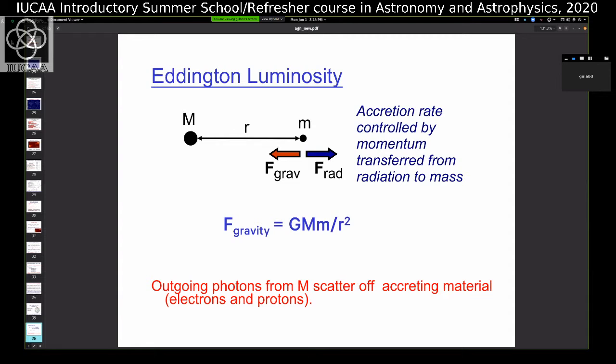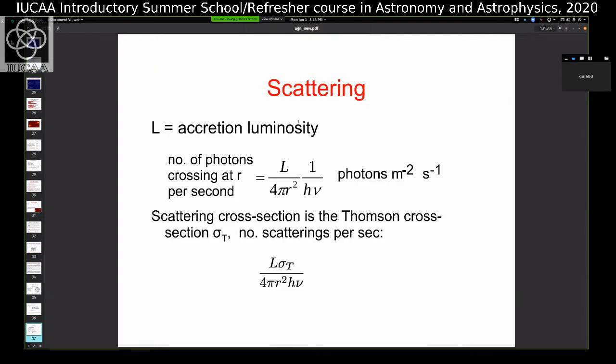The accretion rate is controlled by the momentum transferred from the radiation to the small mass m. The gravitational force is GMm by r squared, and the outgoing photons from the mass M will scatter the small mass m. Let's see what the radiation pressure force due to this scattering is.